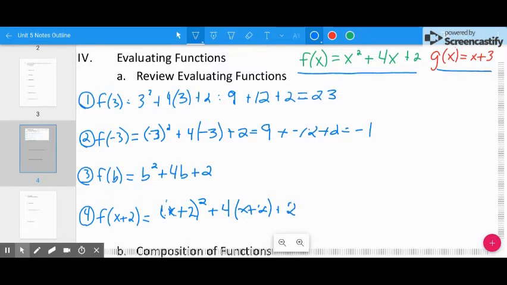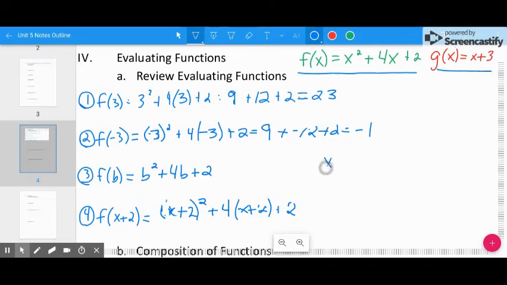Now, if we look at the first thing, we have x plus 2, the quantity squared. So what does that mean? Well, remember that when you have a quantity squared, that's technically the quantity times itself. So we do need to FOIL or box that. The second term, we have 4 times the quantity x plus 2, so we'll need to distribute. And then the plus 2 at the end will just keep in place. So I'm going to come over here.